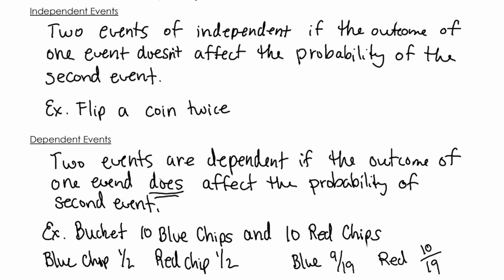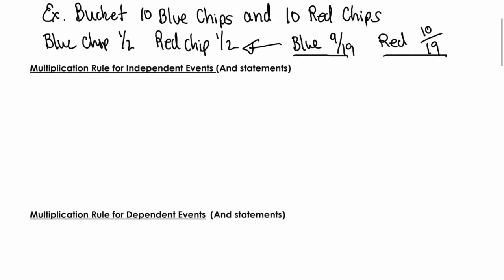There's still 10 chips left in there, but out of a total of 19. So this probability has changed based on the first pick. So the event of the first pick has changed the probability or affected the probability of the second pick. So this is an example of dependent events.